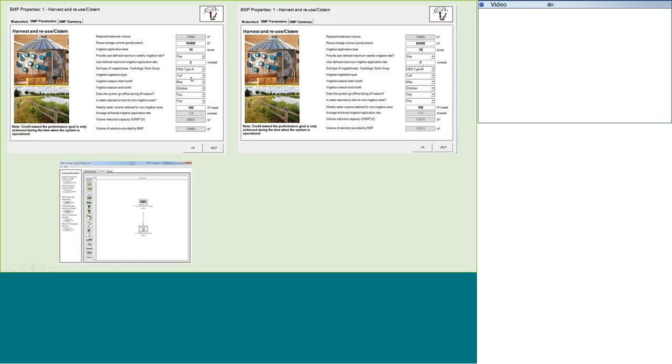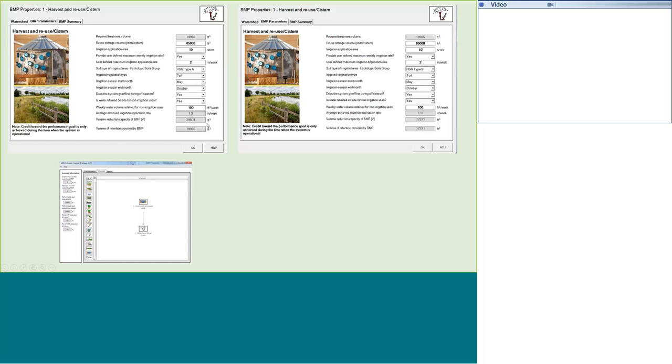We also have an input for type of crop that you have, if you're putting it on turf or vegetables or forest or whatever. Your time frame that you're going to be applying it. Are you adding water, or does it go offline? And are you adding water for non-irrigation purposes? And if you are, then you have to put in a volume for that.